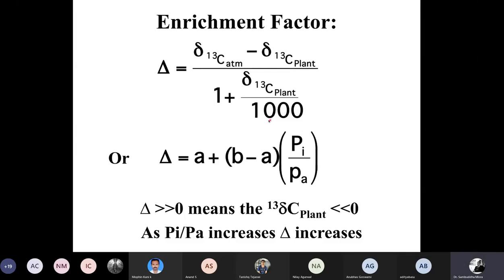Now, the enrichment factor for this case can be expressed as a plus (b minus a) times pi by pa. For a very high enrichment factor, we have a very light isotopic composition of the plant. And as this ratio increases, the enrichment factor increases, and the delta 13C of the plant becomes lighter and lighter.